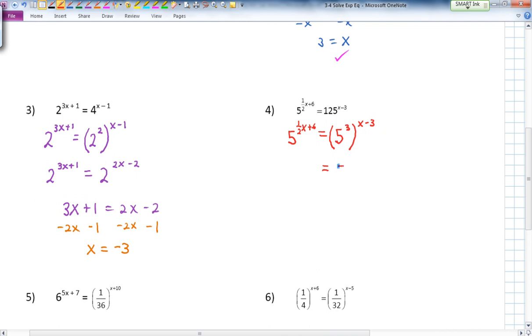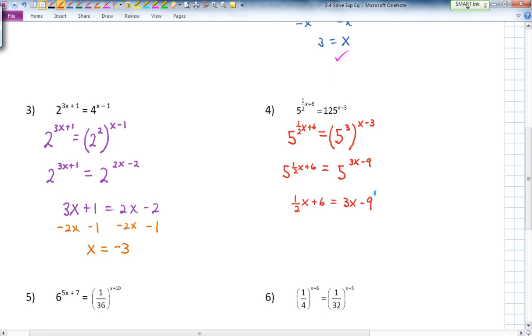So we're going to have 5 to the power of 3x minus 9. And on the left side, we have 5 to the power of 1/2 x plus 6. And just like before, once the bases are the same, we're going to go ahead and set the exponents the same. So I would set 1/2 x plus 6 equal to 3x minus 9.